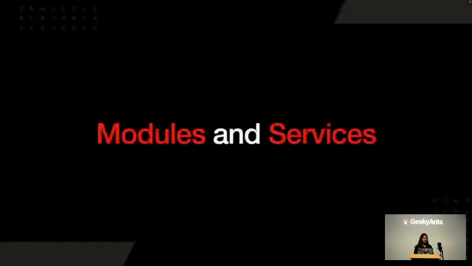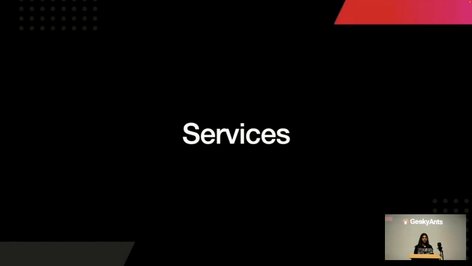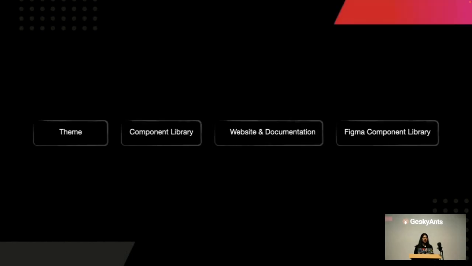So let's talk about the modules and the services that are involved in this design system builder. The services are, we need a theme. This generates the theme, which can be used in Chakra, NativeBase, or Tailwind, which most people use these days.